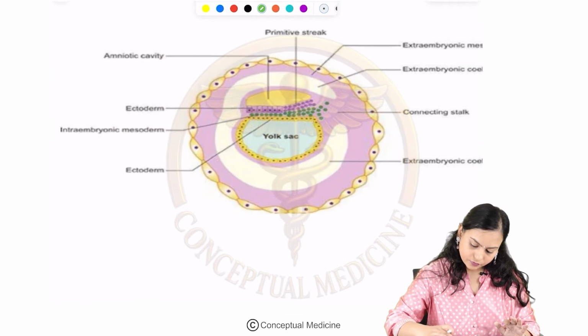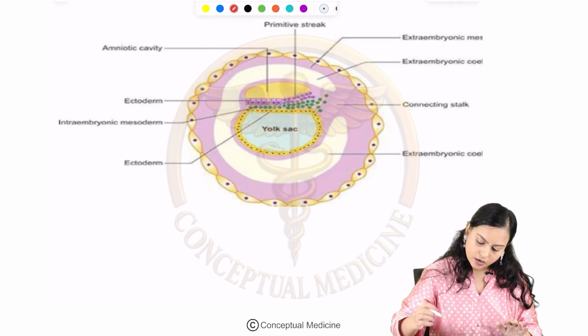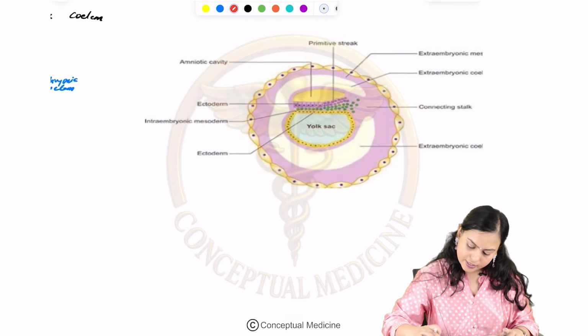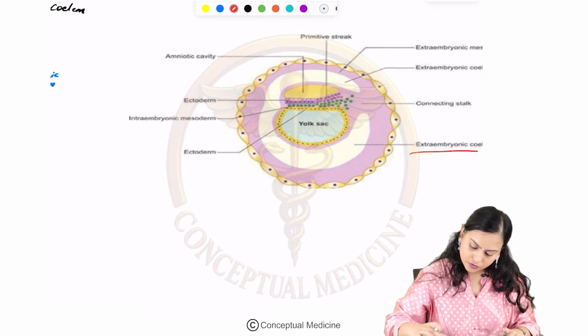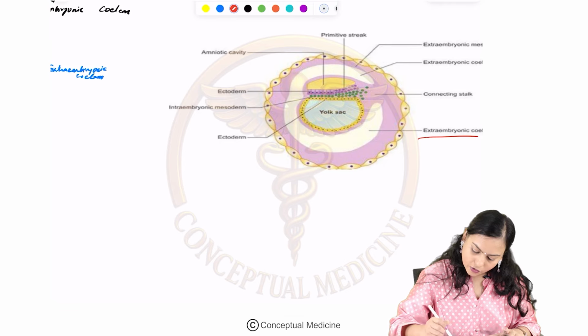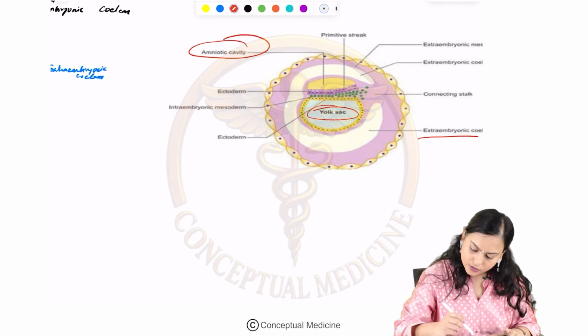So we have, this is the extra embryonic coelom that has formed. Okay, so this is the extra embryonic coelom, and we'll have the yolk sac. Then we'll have the amniotic cavity also.